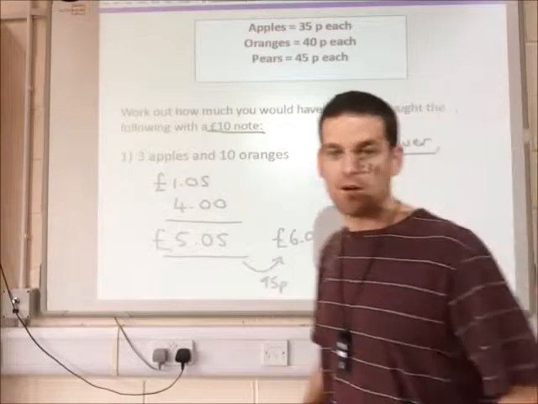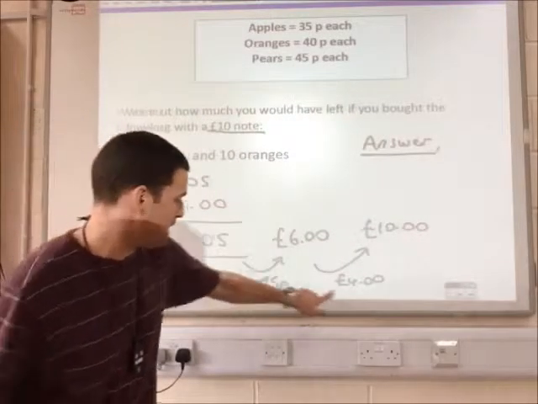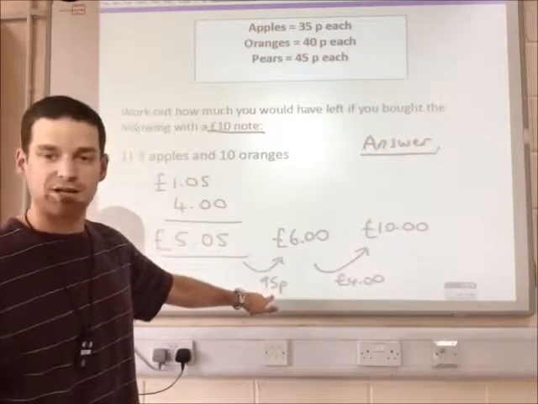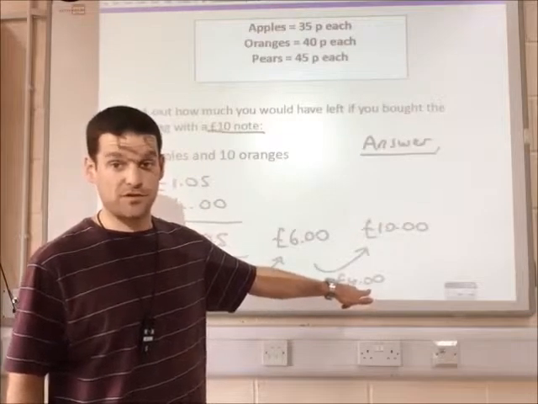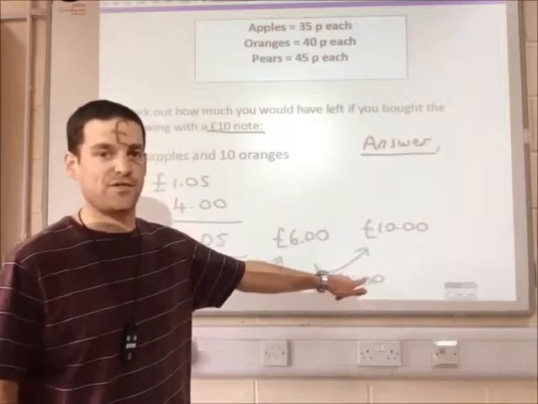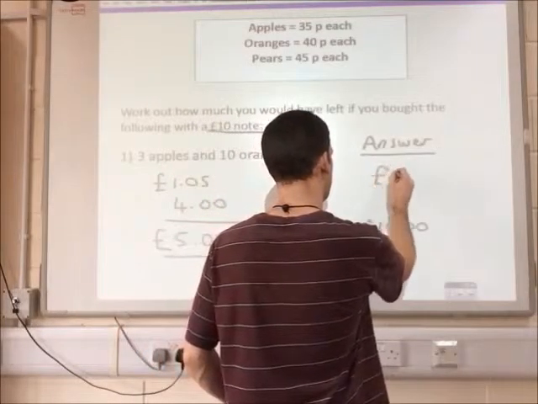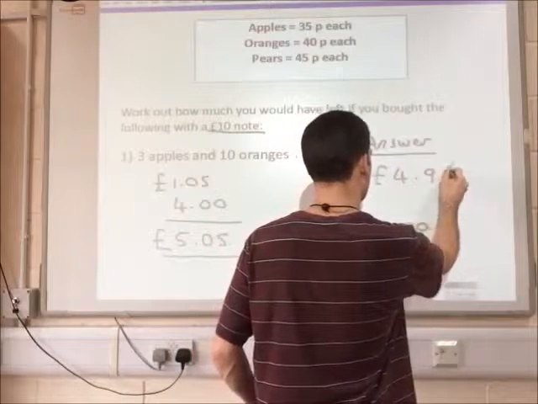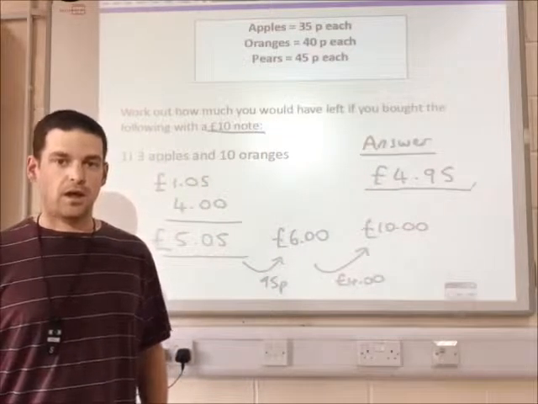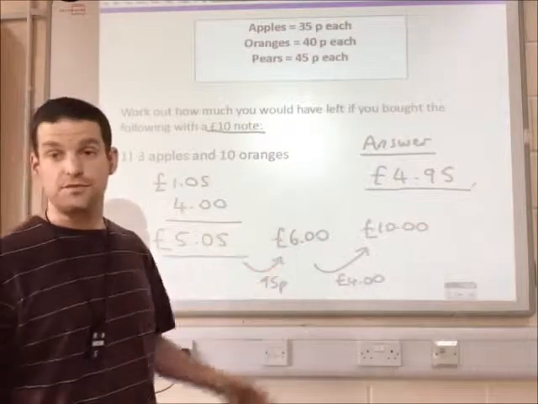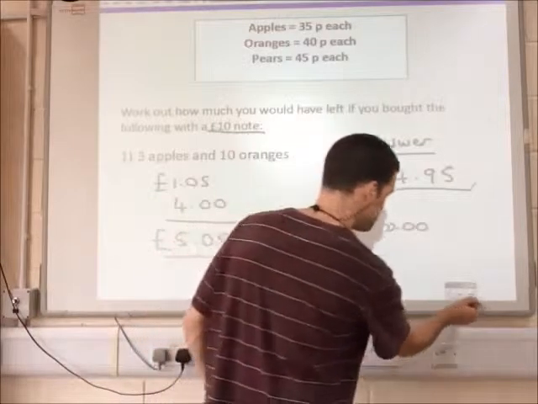So the change that I would expect to get is given by these numbers here. I've got 95 pence plus another £4 to make it up to 10. So the amount of change I would expect to get is £4.95. Okay. And we're going to work through a couple of similar questions to that.